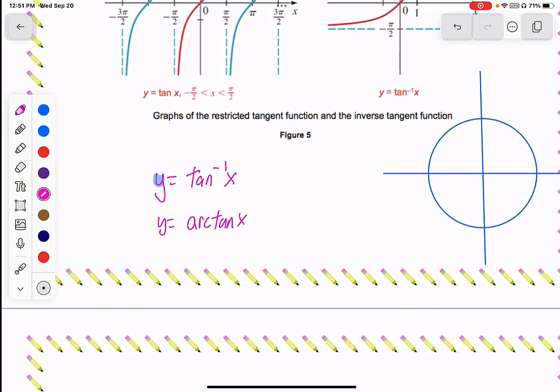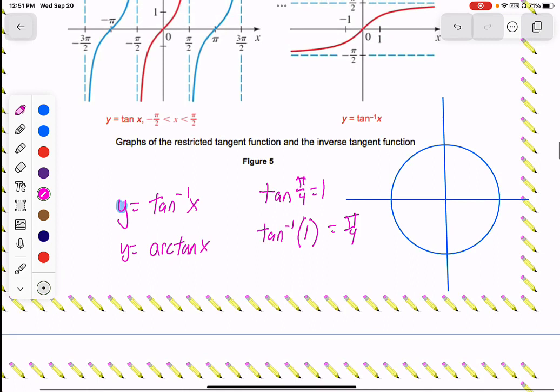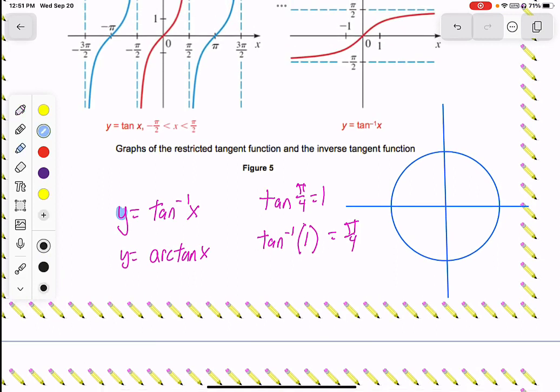So again, in showing our example, if the tangent of pi over 4 equals 1, then the inverse tangent of 1 equals pi over 4. And so again, what we're doing is we're restricting our tangent function on the unit circle to this half of the unit circle here.